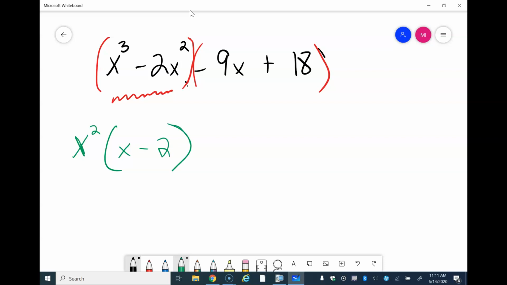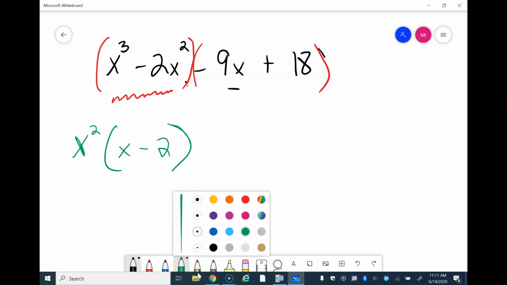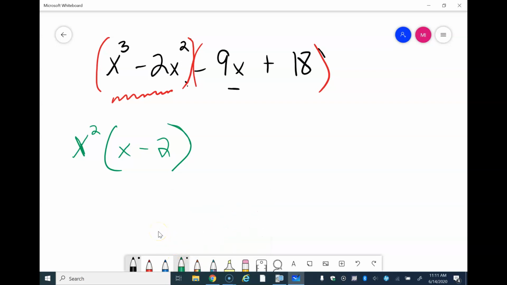For the next part, I'm looking at this second group, and I'm going to determine what I can take out.